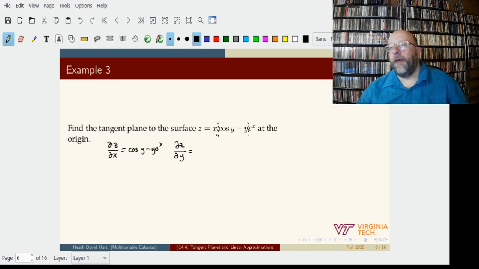So then, when we take the derivative with respect to y, the derivative of cosine y is negative sine y, and nothing changes about the x. The derivative of y becomes 1, and e to the x doesn't change, so this is just 1 e to the x.